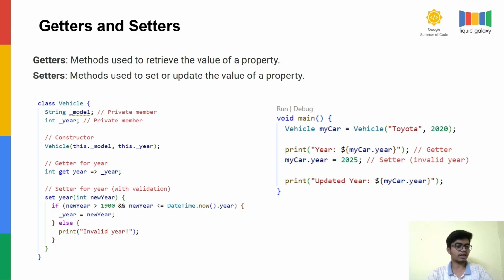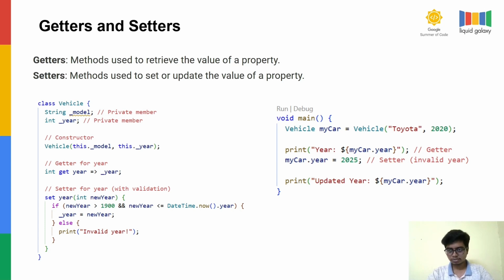If we were not using getters here, then we would not be able to retrieve the value of the year because it's a private member. And I'm running this code outside the file. Keep in mind, if this code is inside the file, then there is no use of creating a getter and setter. It can be automatically retrieved or updated.